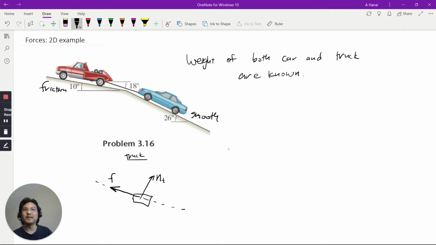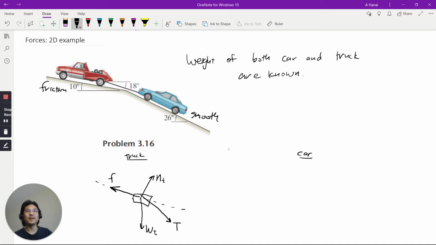And then the truck has weight. And then there's this tow rope, some tow rope like this, and some tension in the tow rope. Okay, so that's the free body diagram for the truck.